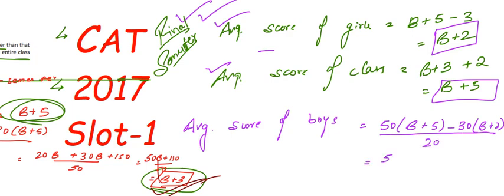Solving this we get 50B plus 250 minus 30B minus 60, whole divided by 20. So solving this we get B plus 9.5.